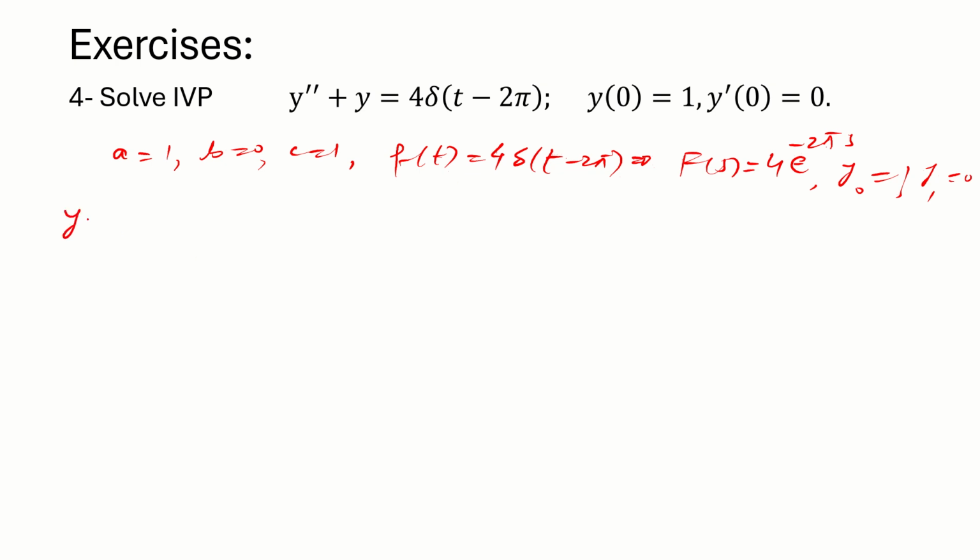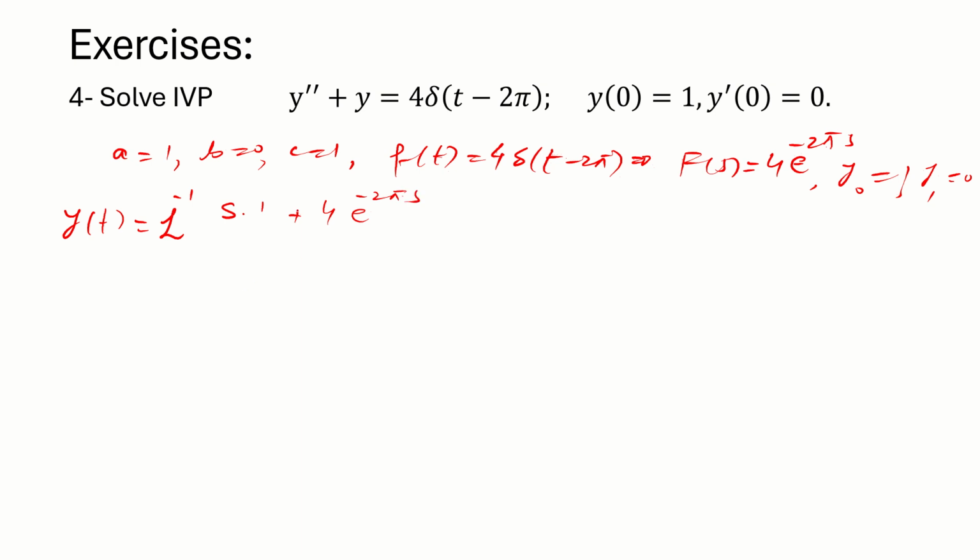Now y(t), which was defined as, it is your choice whether you use the formula or do it properly step by step. It can be done in either way. So in this case it is the Laplace inverse of, keeping in mind a is 1, so I'll just write s, plus b, which is 0, so gone, and y0 is 1, so I'll just write 1 with it, plus F(s), which is 4 times e^(-2 pi s).